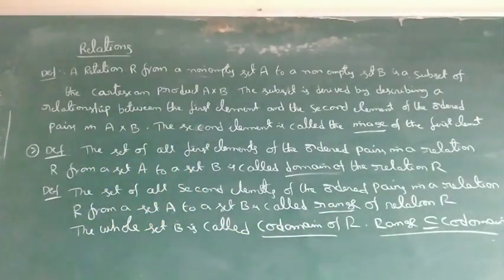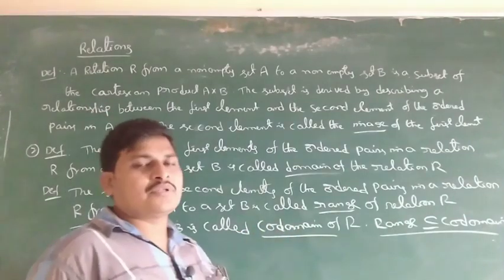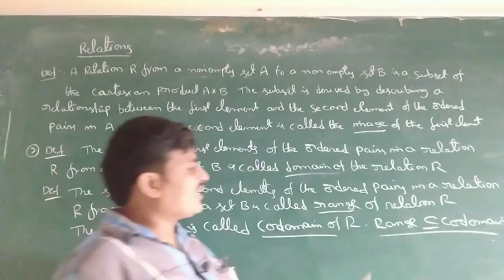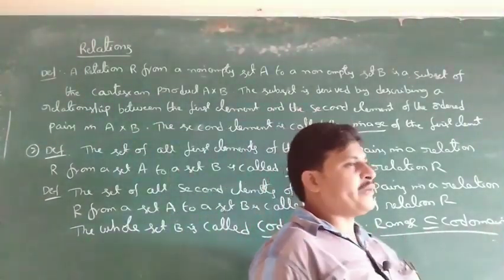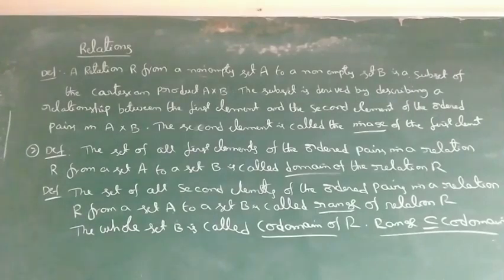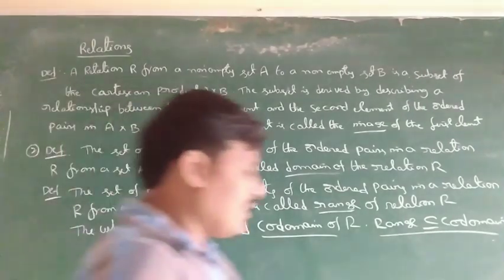The whole set B is called the codomain. The range is a subset of the codomain. So, these are the definitions. Okay.